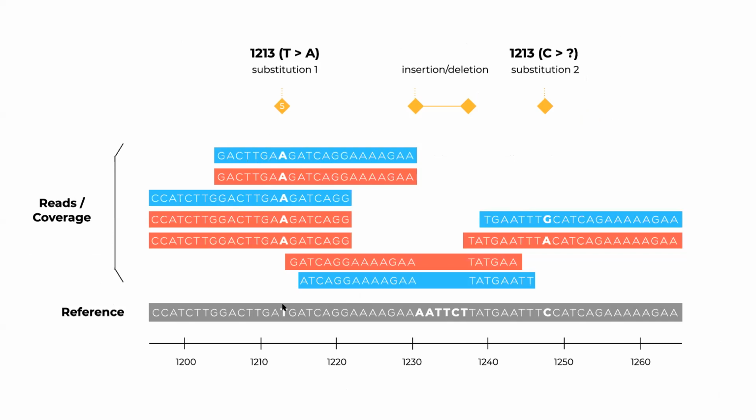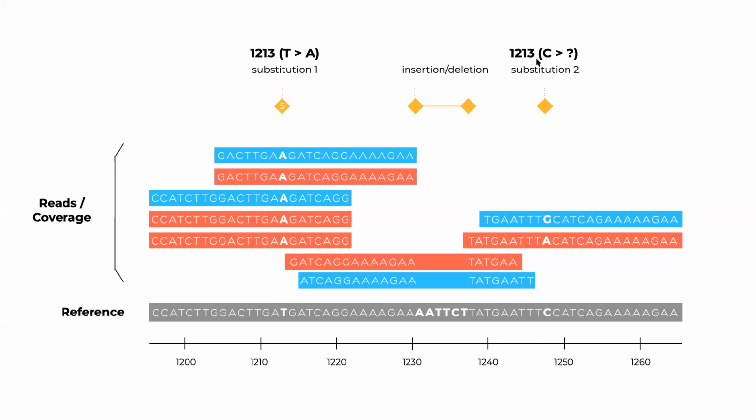So here you have a T, and here you have an A. And this is called a substitution. How many reads do we know have the same substitution? Okay, exactly. We have 5 different reads that are all in agreement that this is an A and not a T.